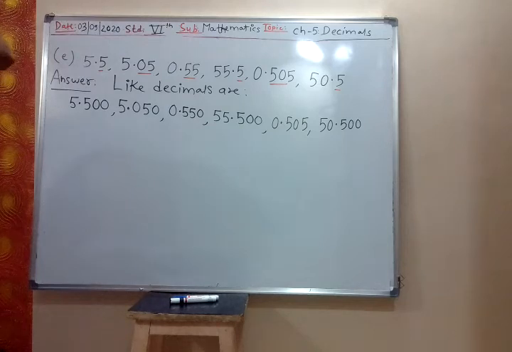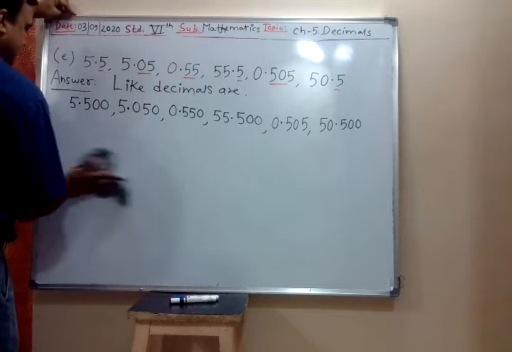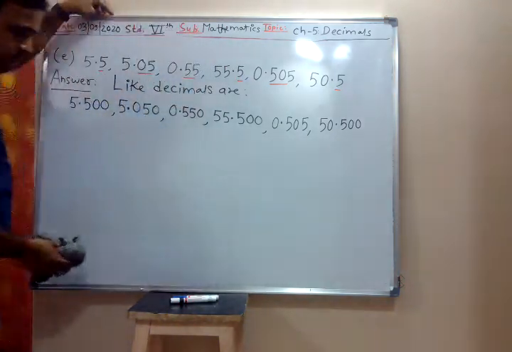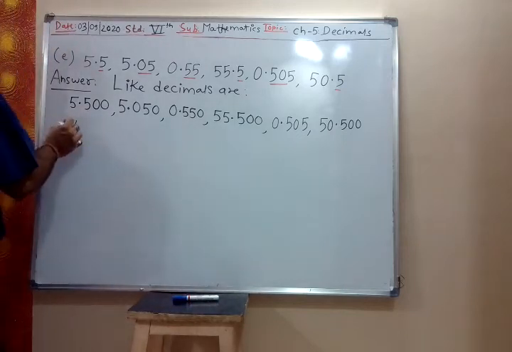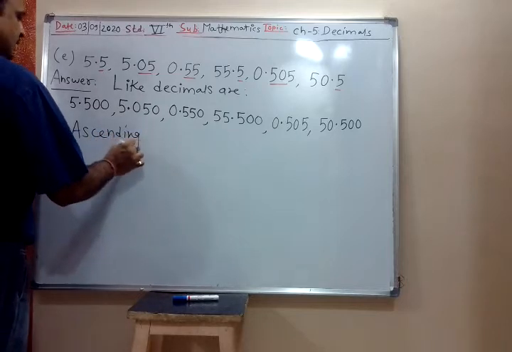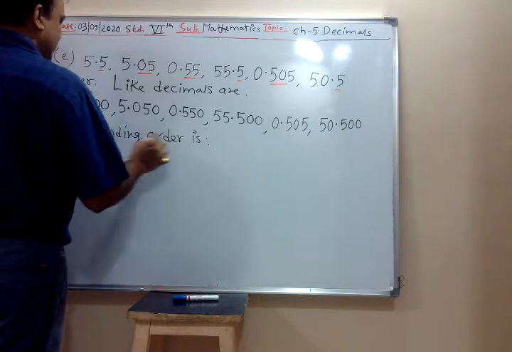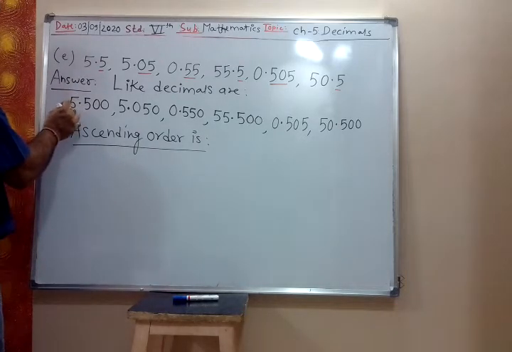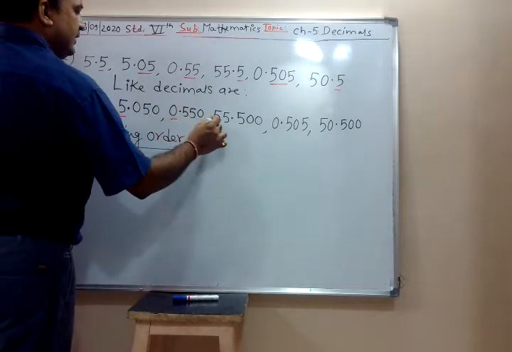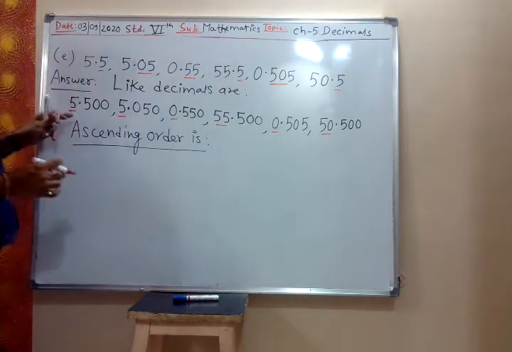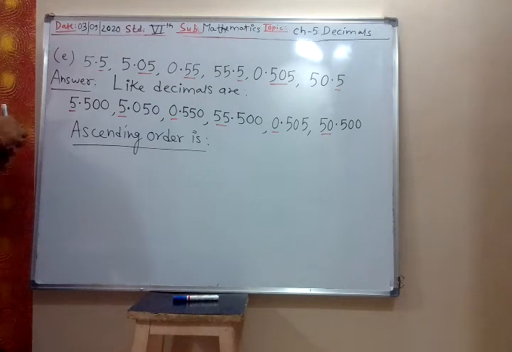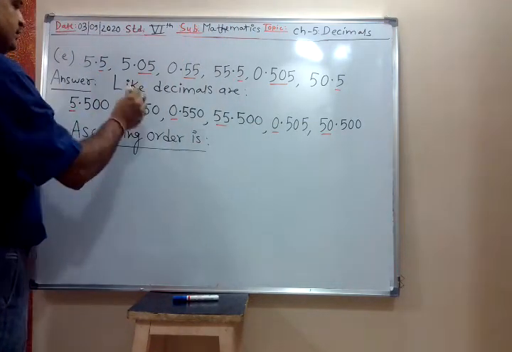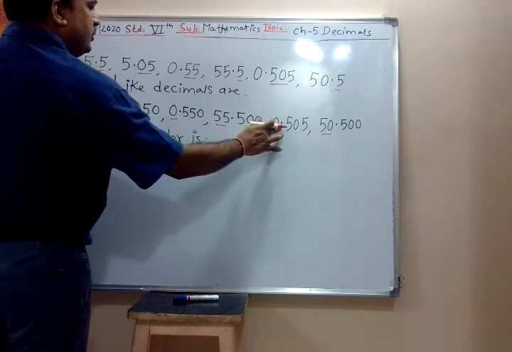So let us compare the digits from the left. Before the point we compare the digits: 5, 0, 55, 0, 50. Which is smallest? 0.550 and 0.505.